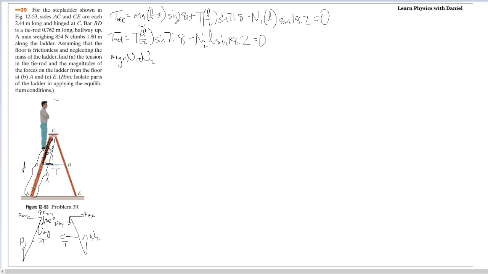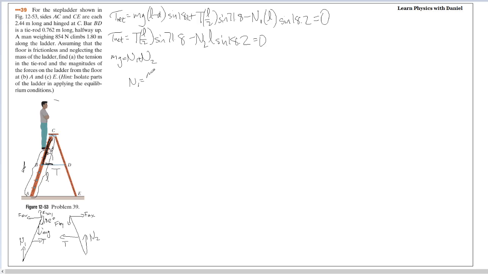So let's solve. I think what I want to do is find N1 and N2 in terms of T to plug them into this third equation so that we can find T and then find N1 and N2 off of those. So let's do that. If we start with the first equation, if we add N1 L sine 18.2 over and then divide by L sine 18.2, we can see that we have N1 isolated.